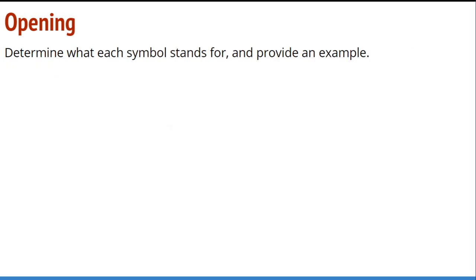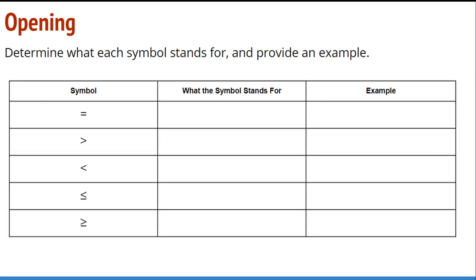Now we're going to build some of the vocabulary. We're going to take a look at each symbol and provide an example. So we have the equal symbol, and equals means equal to, meaning having the same value. And an example is 4 7/8 is equal to 4 875 thousandths.